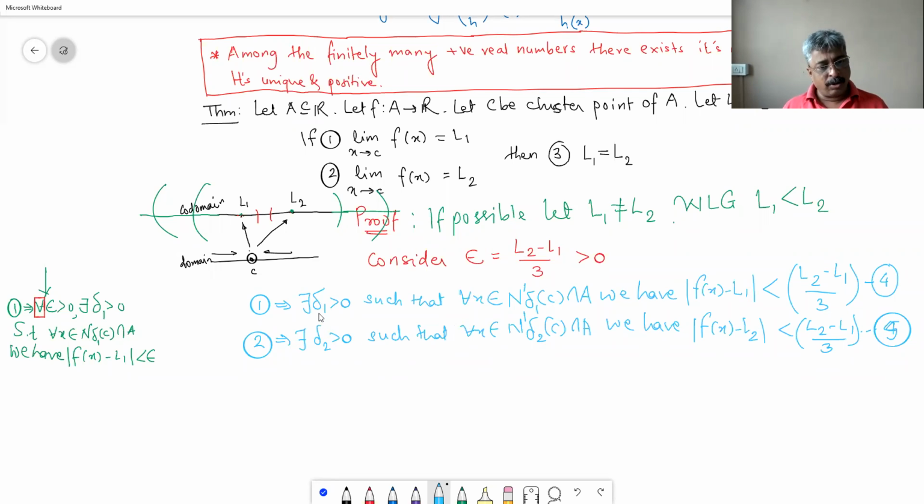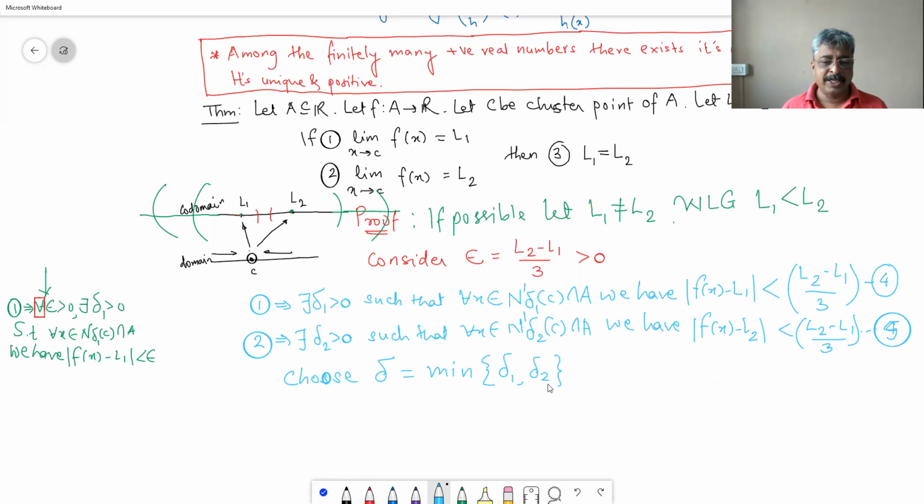So now I have got one delta 1 and another delta 2. Statement 1 gives me one delta, statement 2 gives me another delta. I do not know which delta is bigger, which is smaller. Therefore, the obvious step that I will perform after this is choose delta equal to minimum of delta 1 comma delta 2.